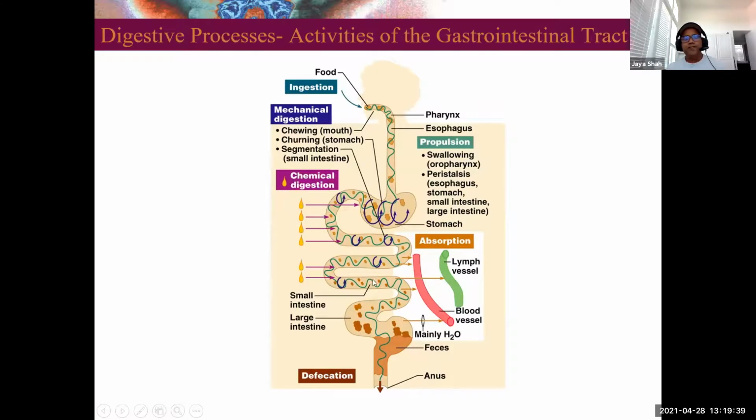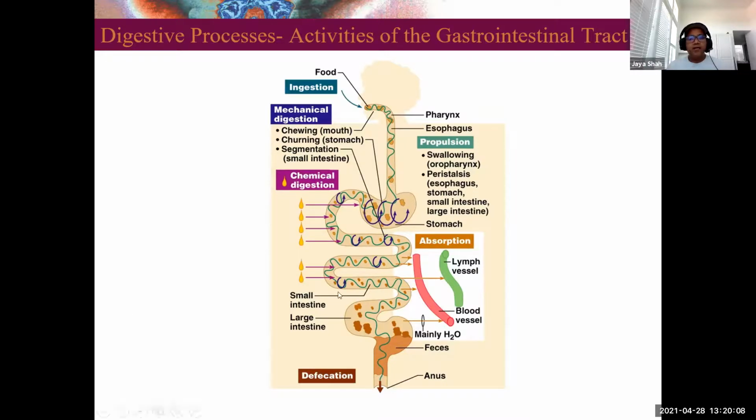Whereas fatty acids and glycerols are absorbed into lymphatic vessels. And when fat mixes into lymph vessels, because lymph vessels contain lymph tissue fluid, it looks like milk. The term for milk is lact. That's why we call them lacteals, milk-like fluid containing vessels.